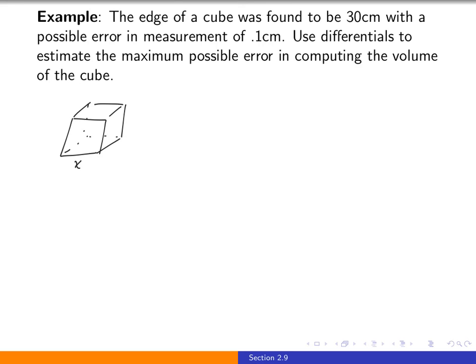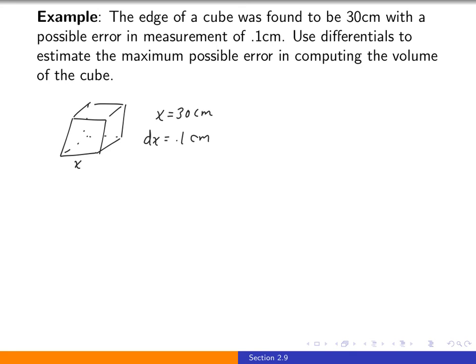Let's call it x. And we measure it, and we find that the x is equal to 30 centimeters. But we're told that there's a possible error in measurement as much as 0.1 centimeters. So we're thinking there could be a small change in that x value, so the small change is dx of 0.1 centimeters.